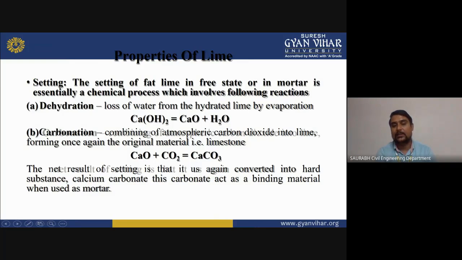And in carbonation, the atmospheric carbon dioxide combines with the lime, forming once again the original material, limestone: CaO plus CO2 becomes CaCO3. The net result of setting is that it is converted again into a hard substance, calcium carbonate, which acts as a binding material when used as mortar.